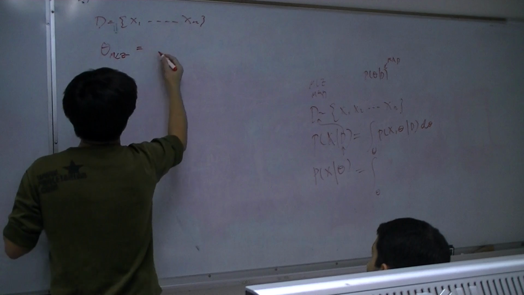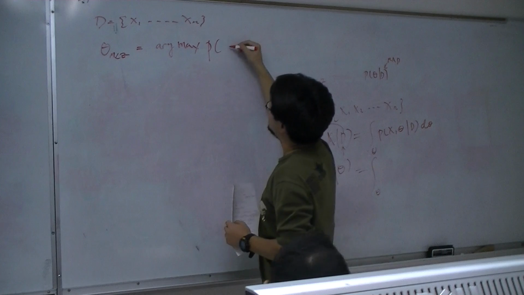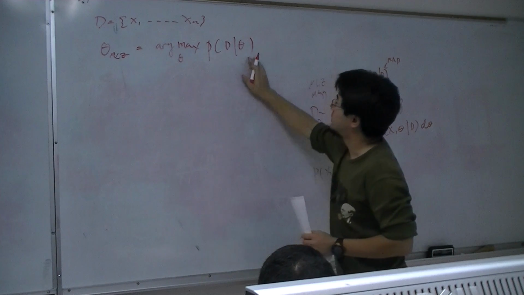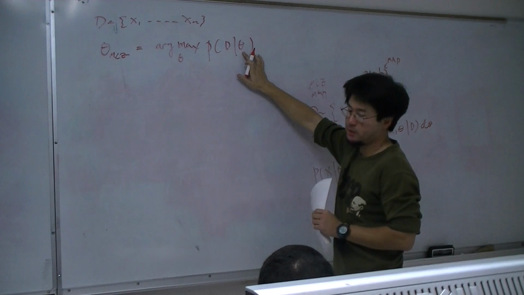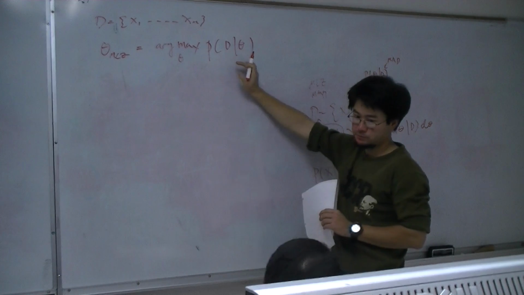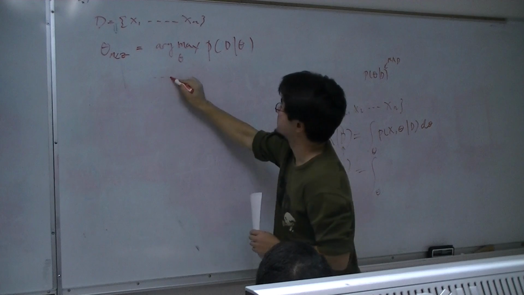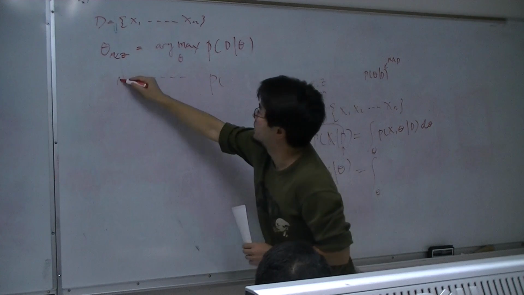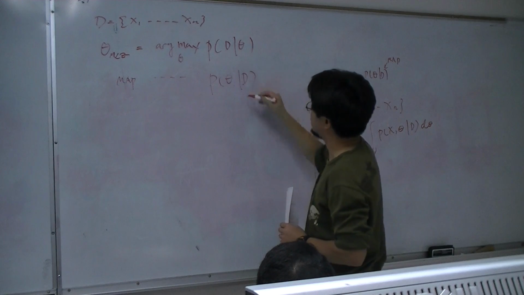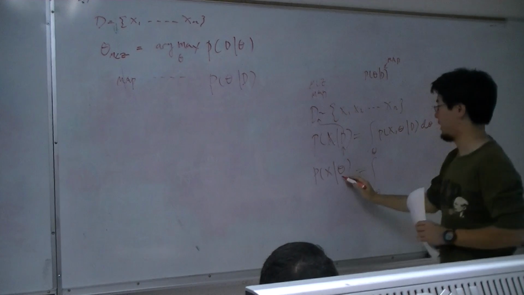MLE, which is equal to argmax P(D), which means you need to figure out the theta parameter which is most likely to have generated D. Another way is MAP, equal to argmax of theta. You want to maximize this instead of this. There are two ways of estimating this.